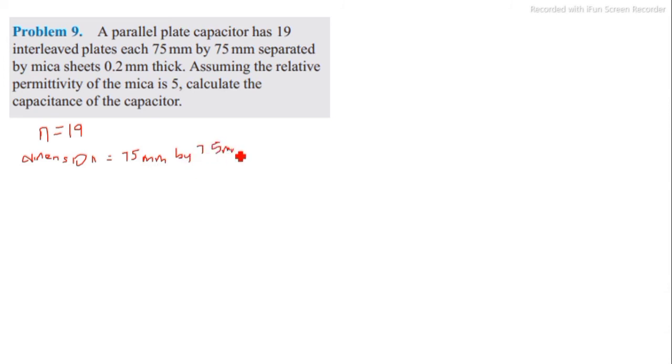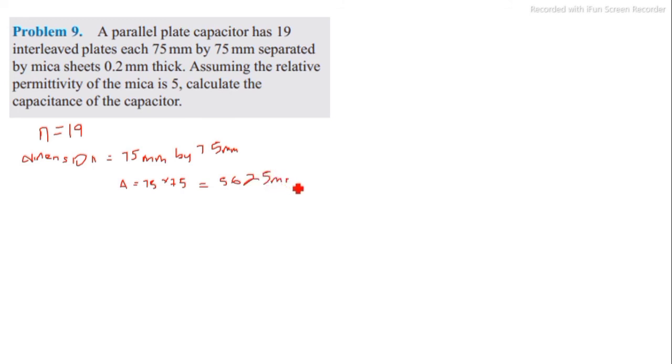What will be the area? The area of the plate will be equal to 75 times 75, because the plate is a square. The area of a square is side squared, and that's 75 times 75, that's 5625 millimeter square.